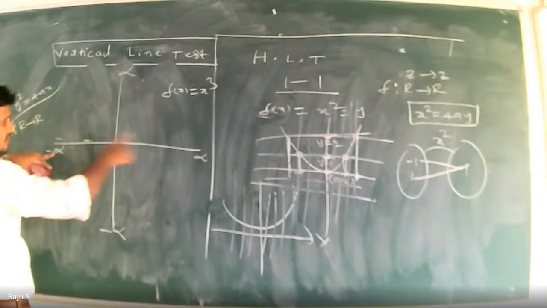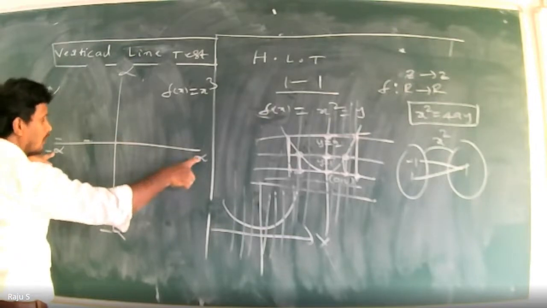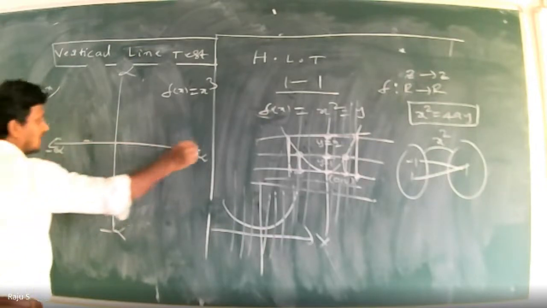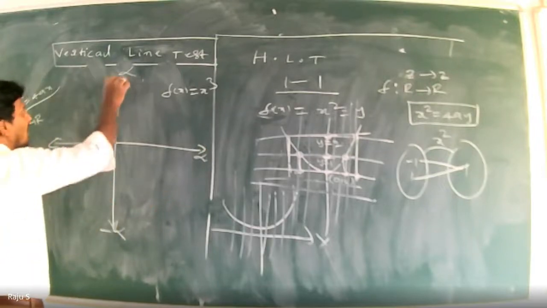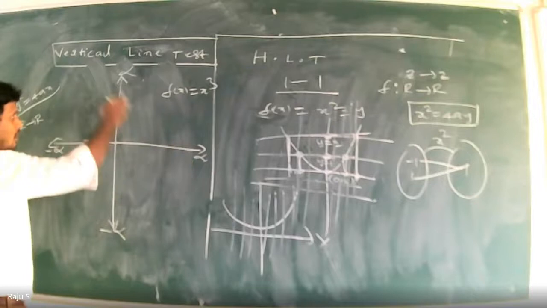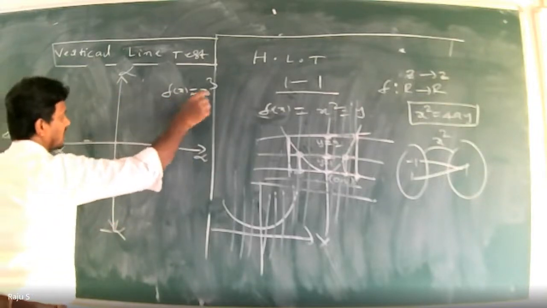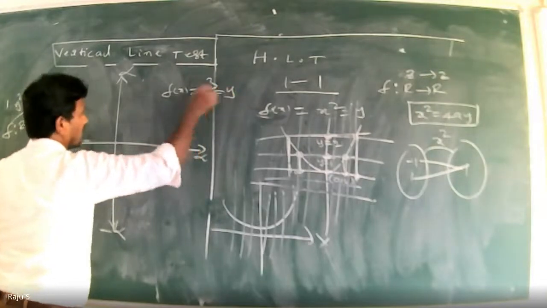This minus infinity to plus infinity represents the domain. The x-axis will represent the domain and the y-axis will always give the codomain, and y is equal to f of x is equal to x cube. Nothing but y is equal to x cube.